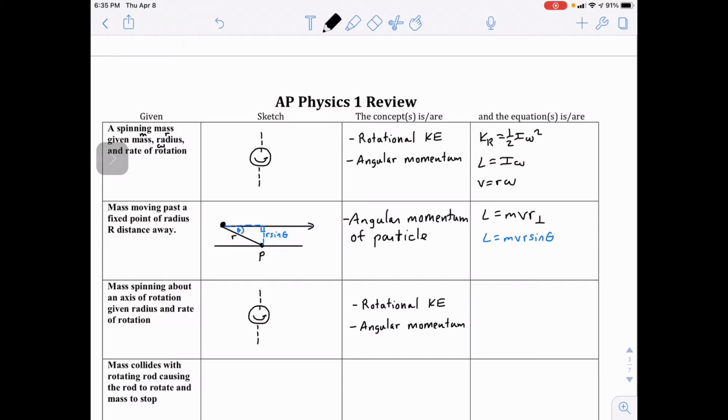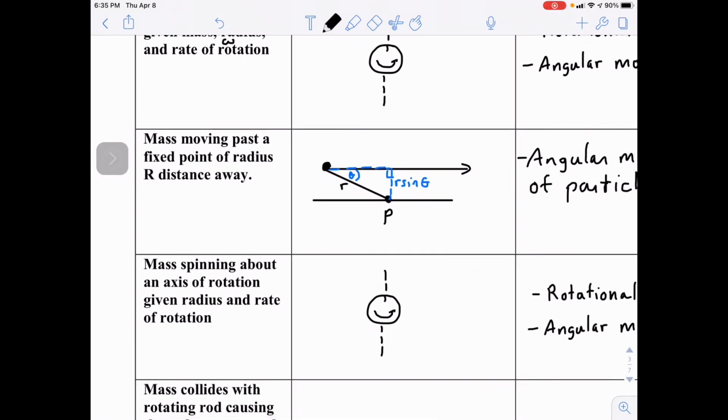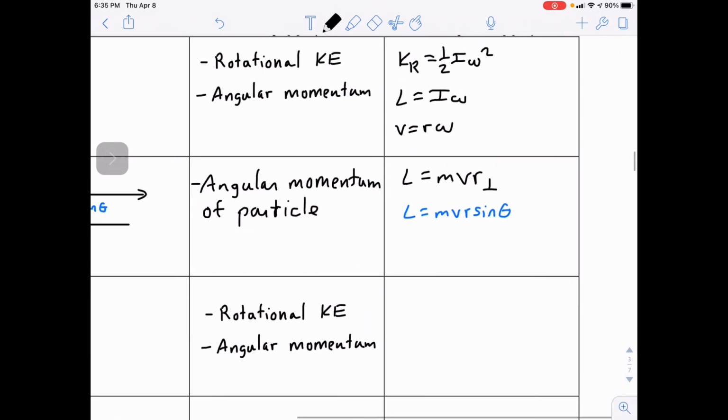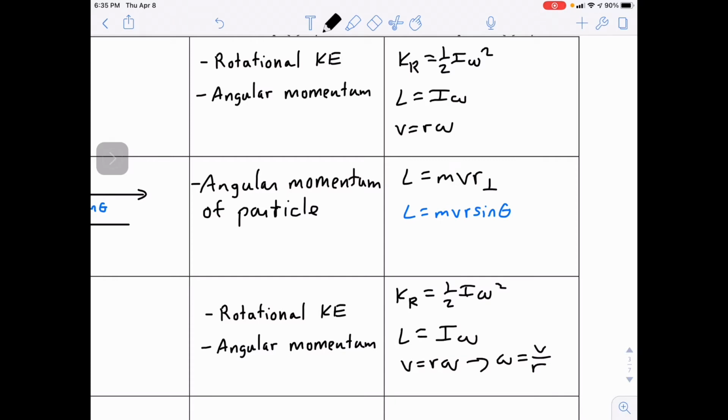Here we're given mass, radius, and a rate of rotation. We may or may not be given the mass. Rotational kinetic energy, 1/2 I omega squared. Angular momentum, L equals I omega, and again, v equals r omega. And you have to be able to use this to solve for omega, which would be v over r.